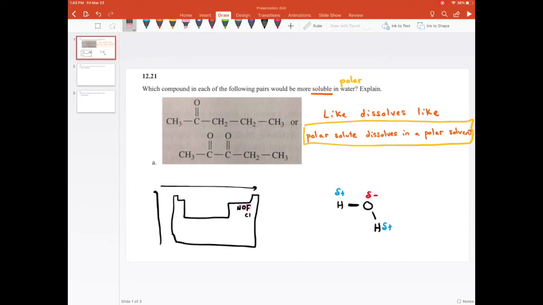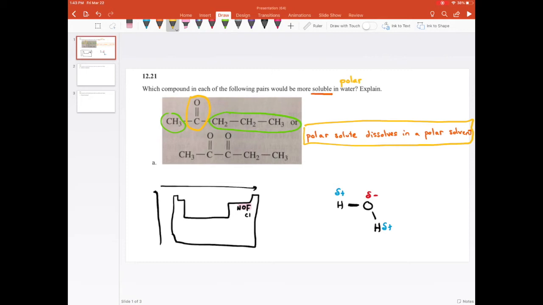All right. Well, let's look at each of these molecules and see which one is more polar. I'm going to circle the polar parts with a yellow, and then I'll circle the nonpolar parts with green. Here, we know that this is polar. The rest of the molecule is nonpolar. That's in the first molecule.